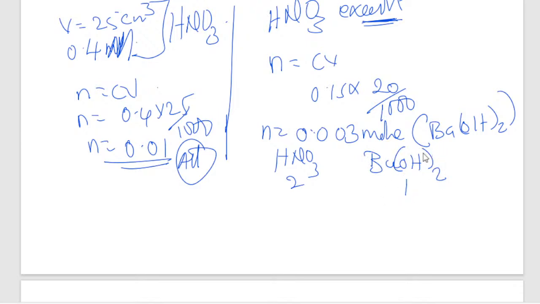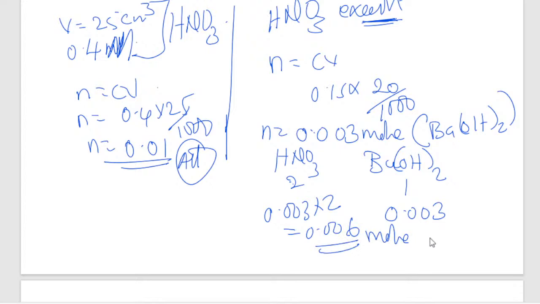So if this is 0.003 for barium hydroxide, then nitric acid is going to be 2 of them, meaning I have to say 0.003 times 2, which gives me 0.006. So these are the number of moles of nitric acid in excess.